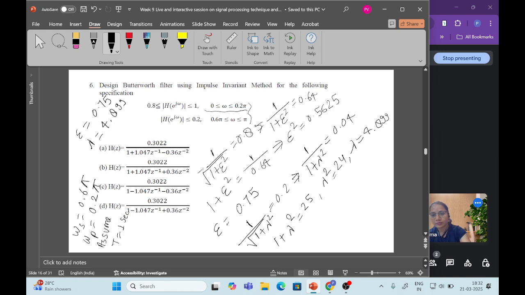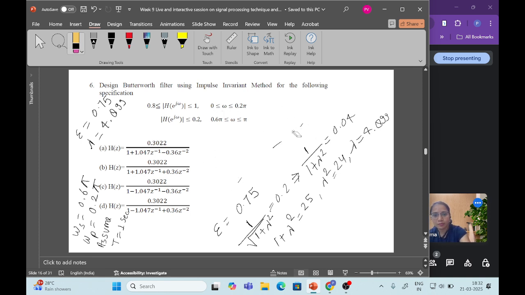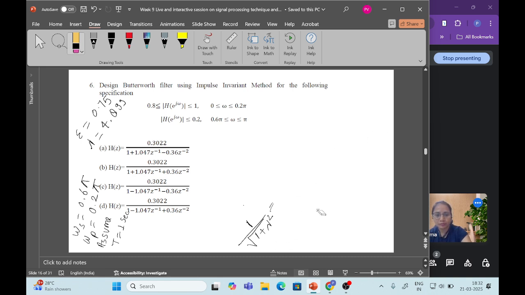Now I am removing this from here so that we can solve the problem further. So these values we have calculated, right? These are the analog frequencies. Now we have to calculate the digital frequencies and the order of that filter.